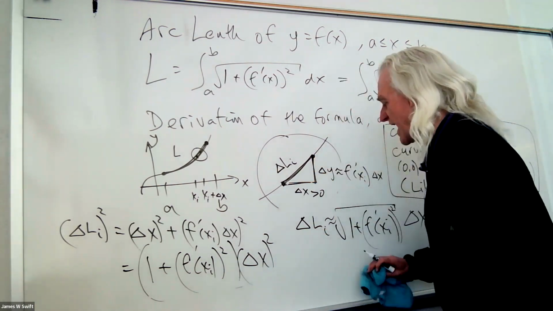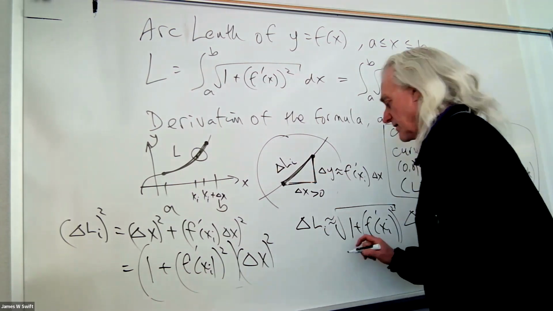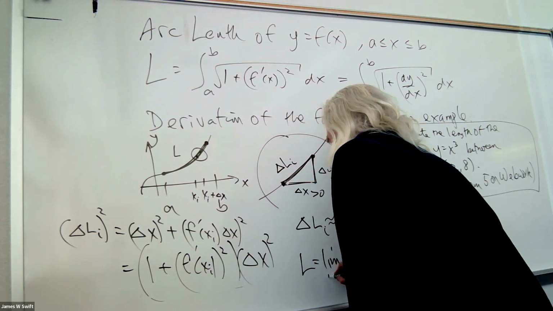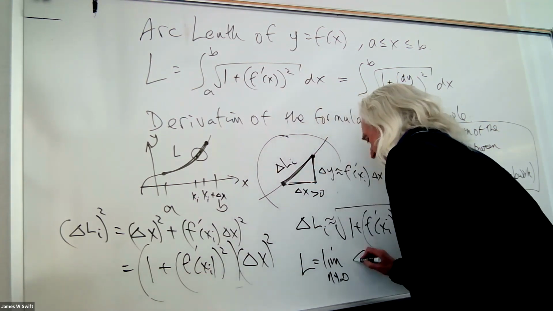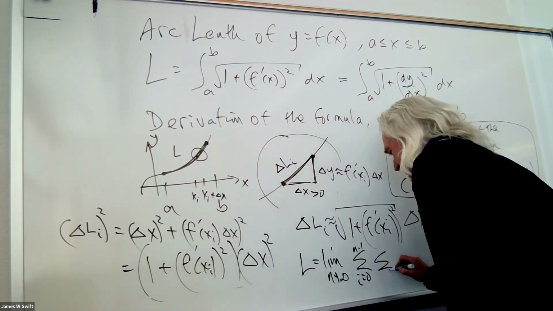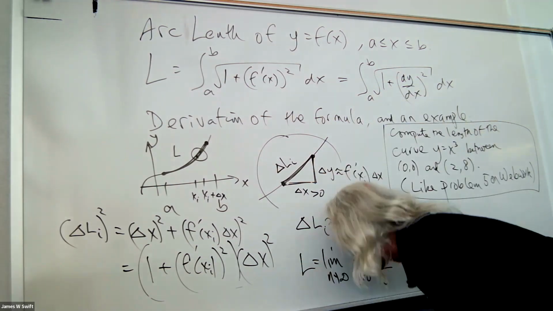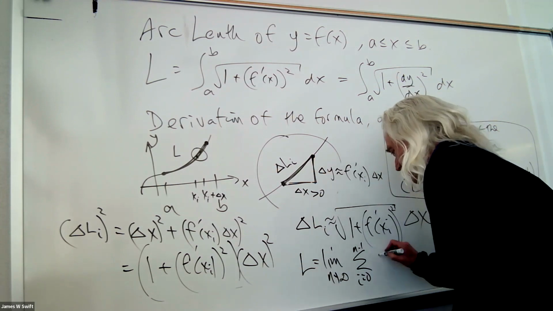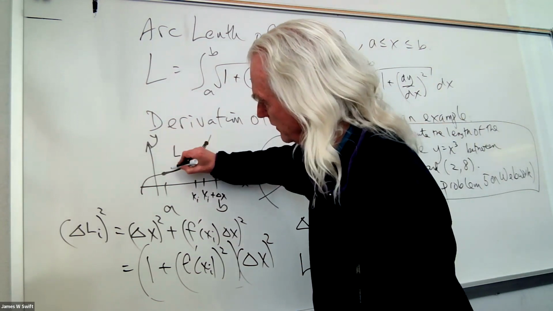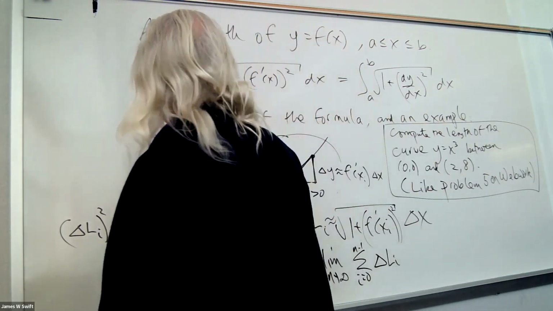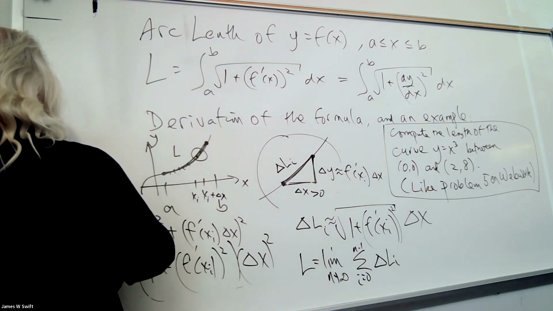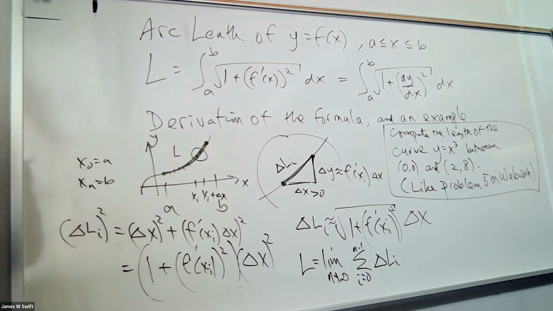Okay, so I add them all together and I get the length is the limit as n goes to infinity of the sum from i equals 0 to n minus 1 of delta Li. I add together all these little things, and let's not forget that 0 is a and n is b, the first and the last.